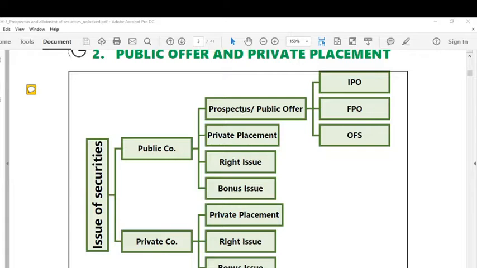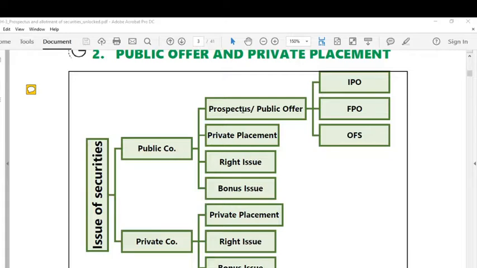We can also call it a public offer, which means a prospectus is an advertisement issued under the provisions of the Companies Act to the general public, inviting offers to subscribe for the shares of a company.